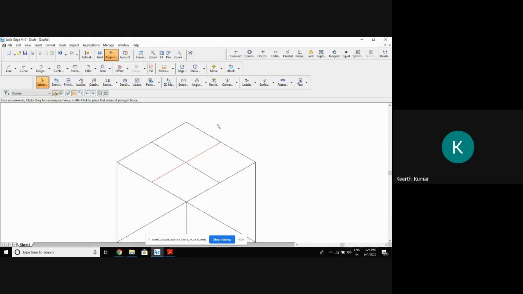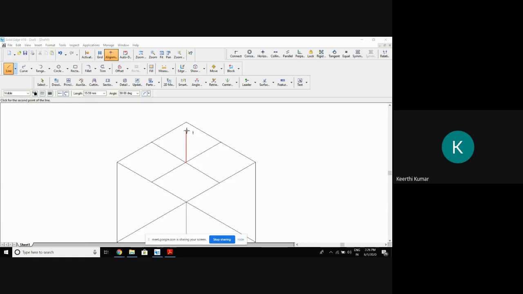As per the question, I am supposed to place the sphere. To place the sphere, select the line, and from here, what is the diameter of the sphere given? Can anyone tell? Diameter of the sphere is 50. I will take the radius, that is 25 into 0.8164.